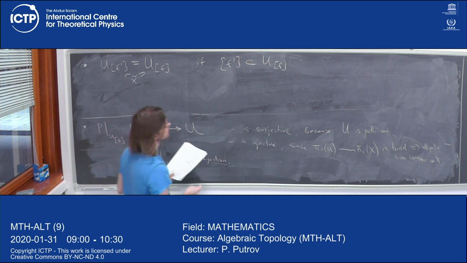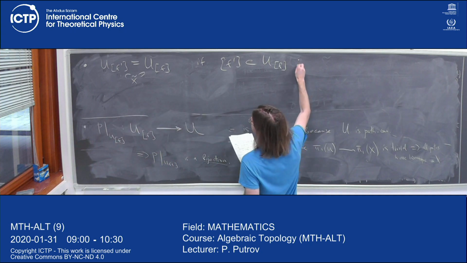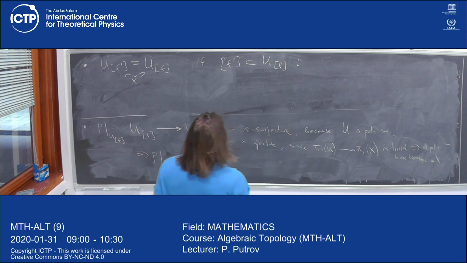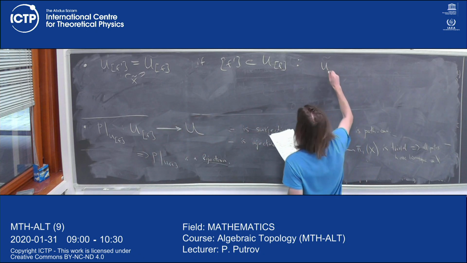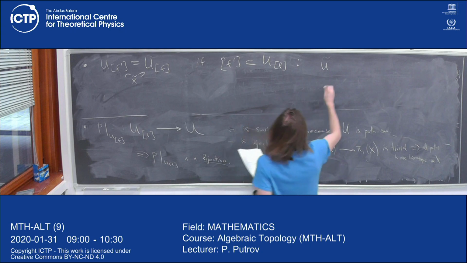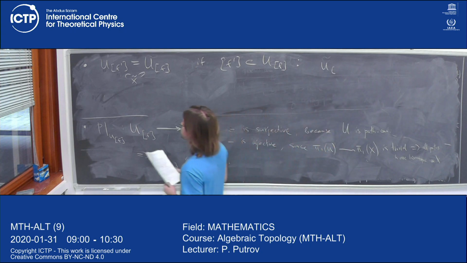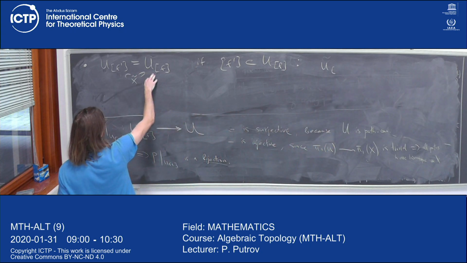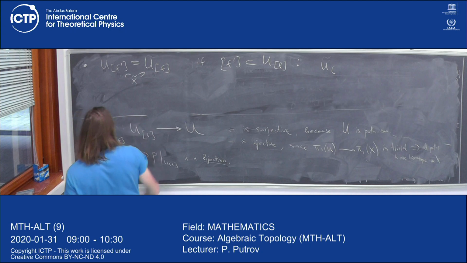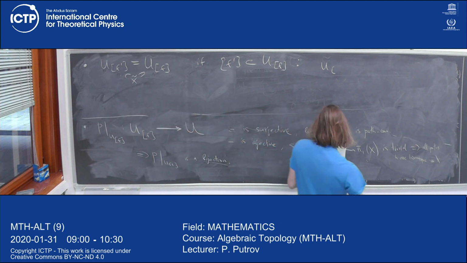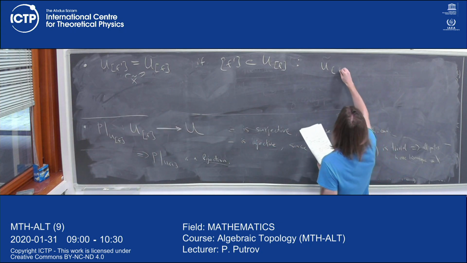So how do we show this? In order to compare these two sets, I first take some element here and show that it also belongs to this one. And then I do the other way around.